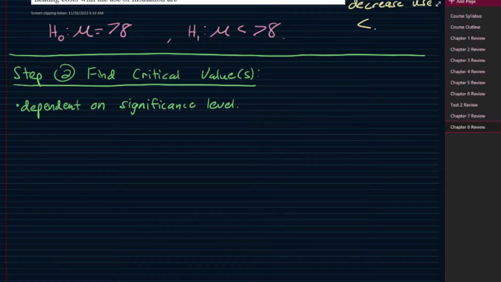We can only be so confident in something, and we've got to have some tolerance about whether accepting it or not. We had confidence levels of 99.5% or whatever it may be, and this significance level influences where the critical values are going to be.